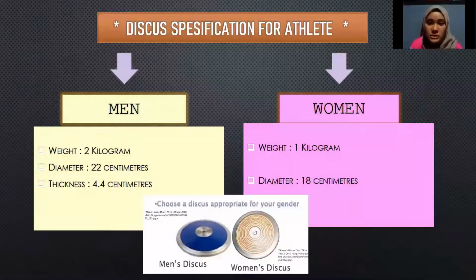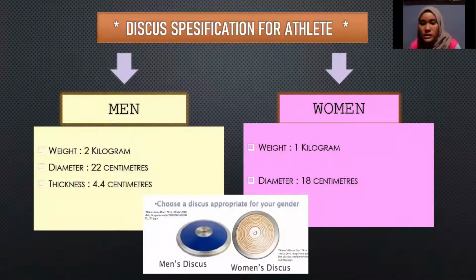Next is discus specification for athletes. Men and women athletes must follow this specification when they contribute to national competition. Men use a discus with 2 kilograms in weight, 2 centimeters in diameter, and with thickness 4.4 centimeters.